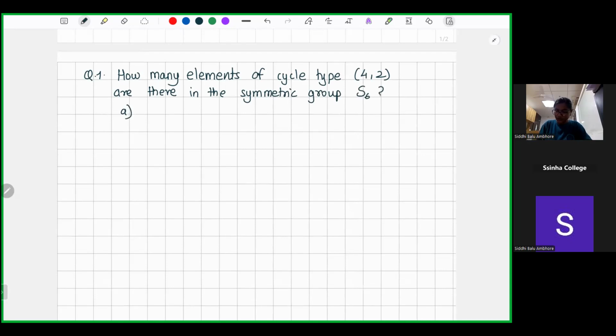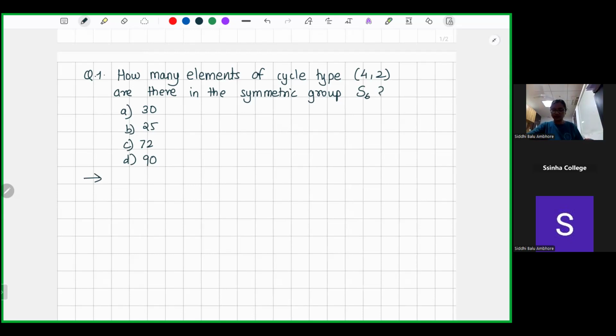Our options are A, 30; B, 25; C, 72; D, 90. So this is the question, and I hope you all know what a cycle type is.